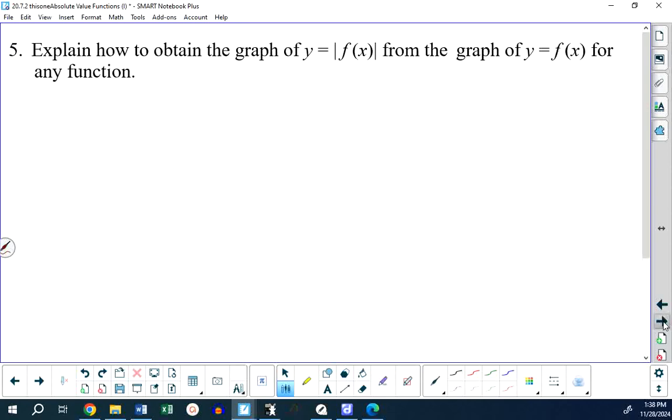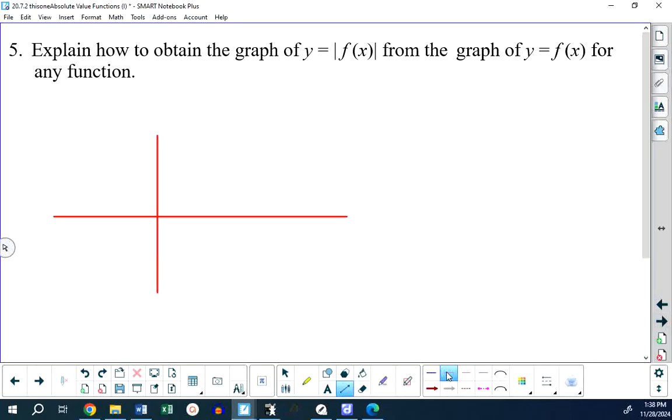And finally, on the whole warm-up set of problems, how do you obtain the graph of the absolute value of a function from the graph of a function? The answer is any part of the original function that's below the x-axis, you fold it above the x-axis.